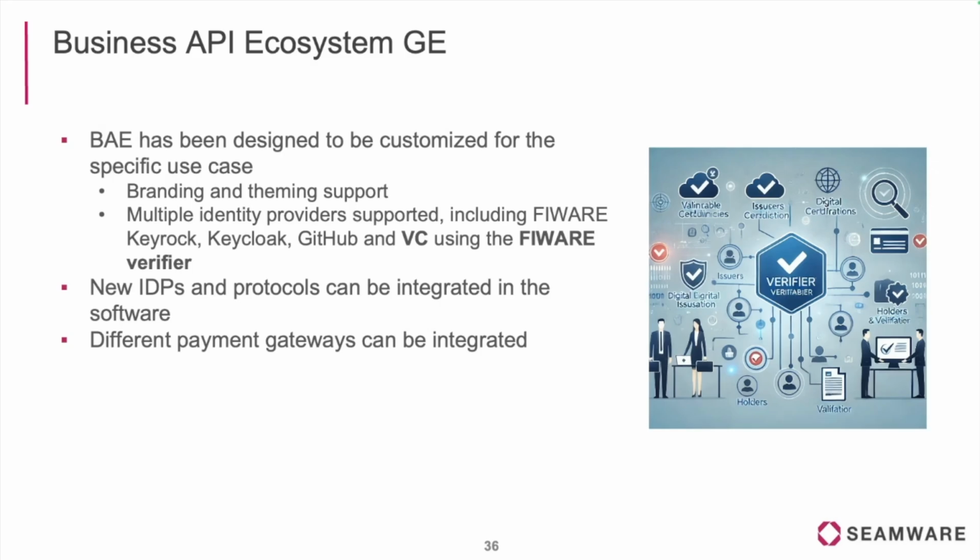If you have a very simple scenario, it is possible to use GitHub just to have simple individual accounts. And of course, which is the important point from the point of view of the FIWARE Dataspace Connector, it is integrated with the FIWARE verifier, and it is possible to use verifiable credentials to sign into the FIWARE Business API Ecosystem Generic Enabler.